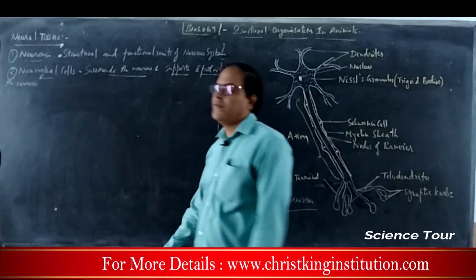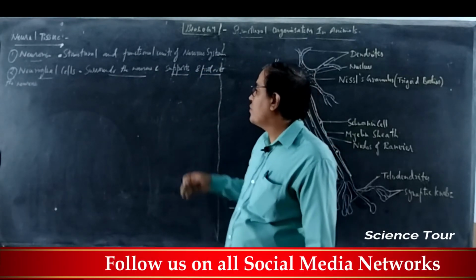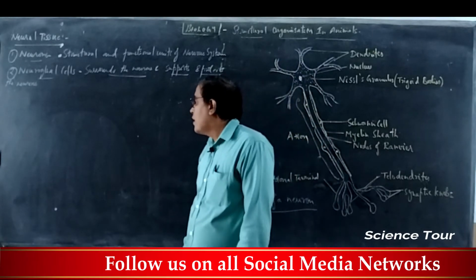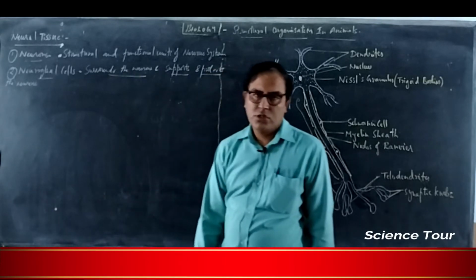More than half of our nervous system comprises neuroglial cells. Their number outnumbers the number of neurons.